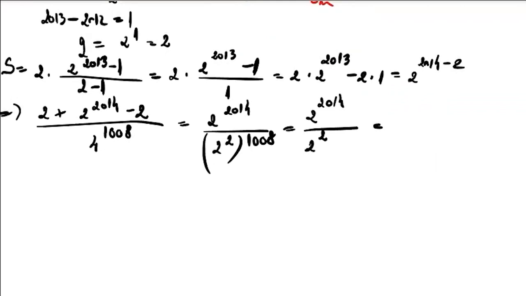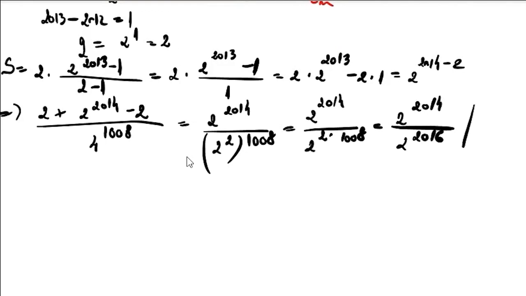And we have now 2^2 multiplied with 1008, which equals 2^2014 over 2^2016.